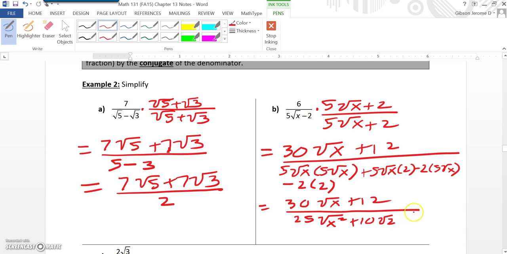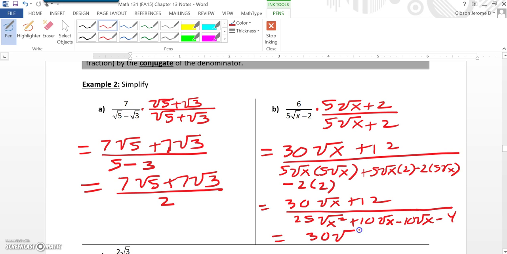We add 10 square root of x. Well, actually, it's supposed to be 10 square root of x, not square root of 2. That was an error on my part. Then we will have negative 2 times 5 square root of x, which will give us negative 10 square root of x. And negative 2 times 2 is a negative 4.